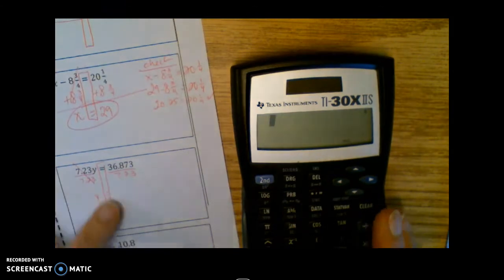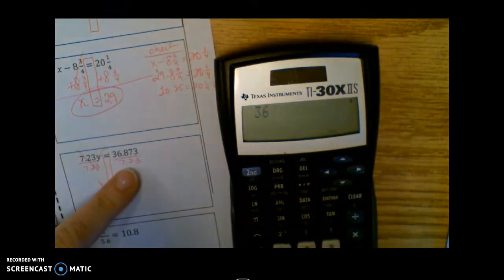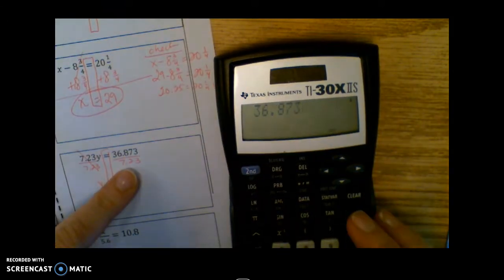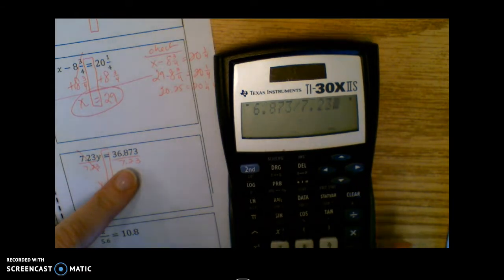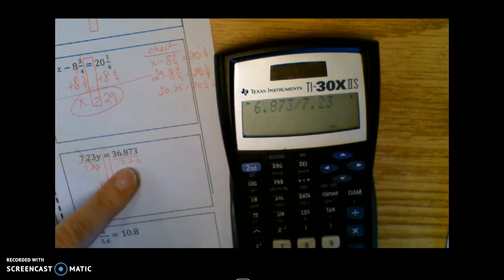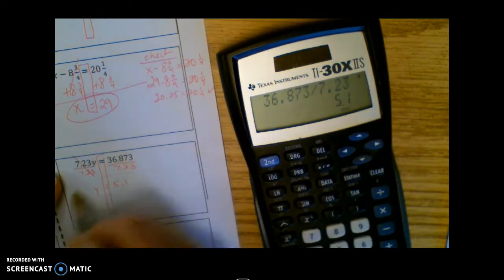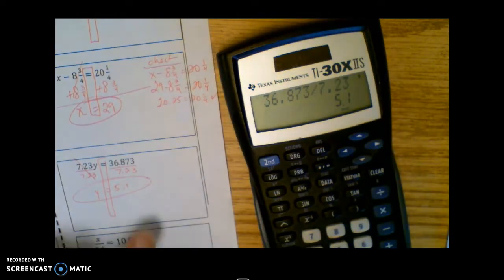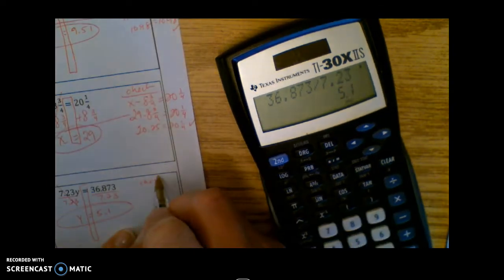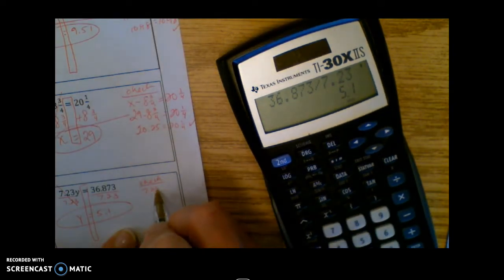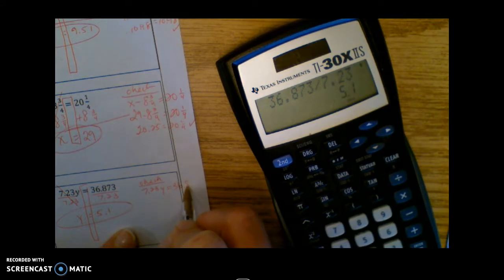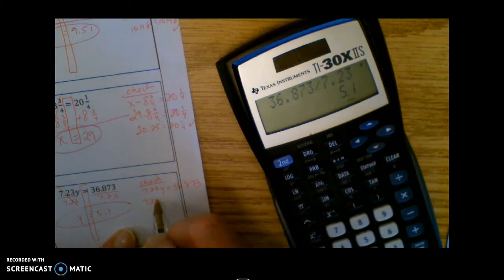Now, on this side, we have to show 36.873 divided by 7.23. Again, this would be a very difficult question to guess the answer to, and that's why we're having you use calculators and this process. So now to check, 7.23 times 5.1.